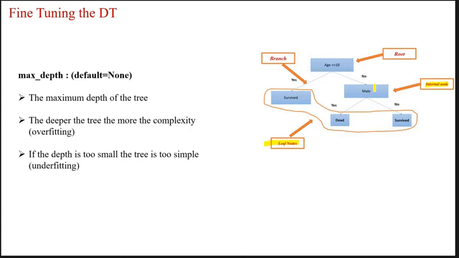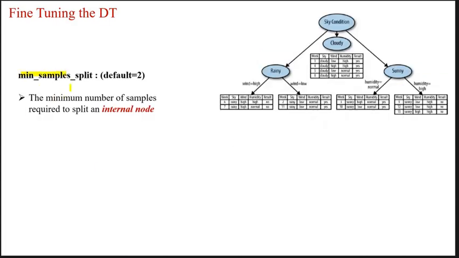This is an internal node. So these parameters are sometimes gonna put a constraint on the internal node or the leaf node. So this parameter, minimum samples split, is for an internal node.